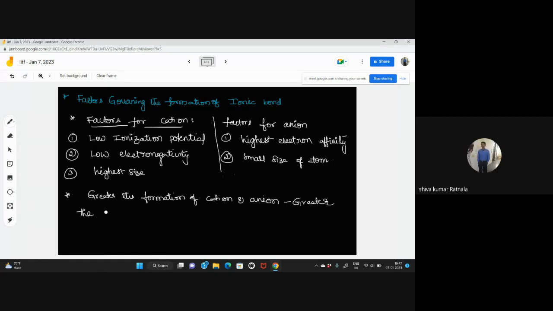The amount of energy released when one electron is added. Okay, the greater the formation of cation and anion, the greater the formation of ionic bond.